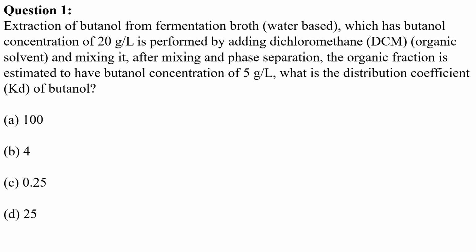We want to extract butanol. The extraction process is done by using DCM, which is an organic solvent. We mix it with DCM and let the organic and aqueous layers separate, and some butanol goes into the organic layer. The amount of butanol in our broth was 20 grams per liter, and the concentration of butanol in the organic fraction after the phase separation is 5 grams per liter.